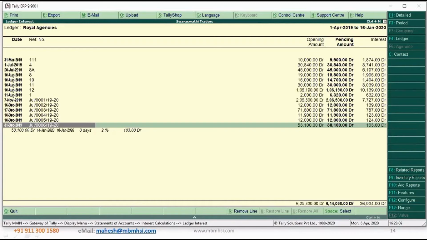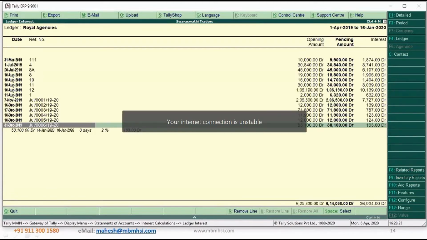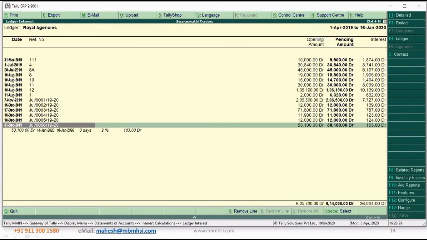Because we are looking at the report as of this date, 2% interest is charged, which is equal to 103 rupees.